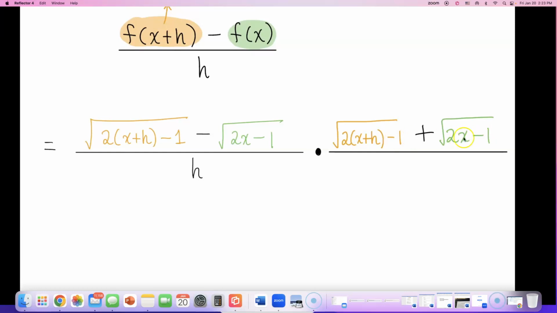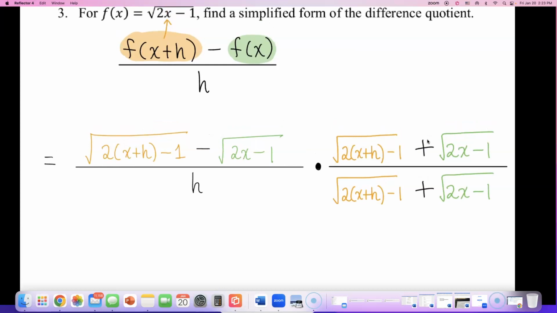You've seen this before, right? It's the same as this numerator, but the only difference is we change the sign minus to positive. So that's what you're going to have to multiply, not just the top though, but also the bottom of the fraction.